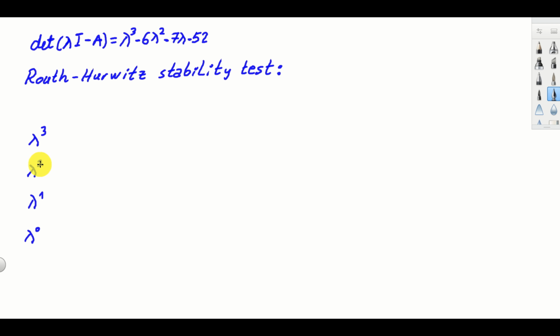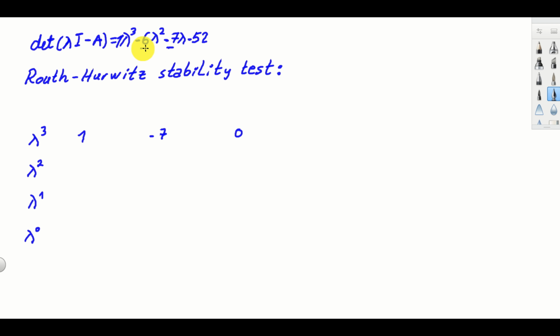And let's construct these rows. Okay, so the first row is, we will have 1, namely, we will put the coefficient over here, which is 1 multiplying lambda. We'll put it over here. Then we will take this coefficient, minus 7. We'll put it here, and then over here we will have 0.